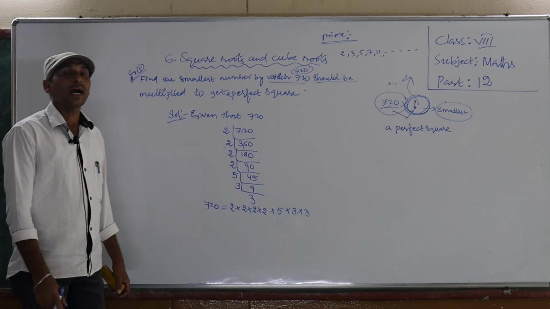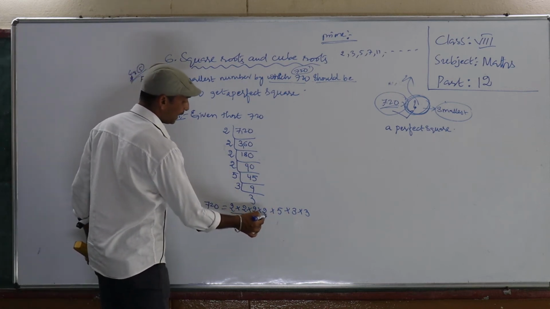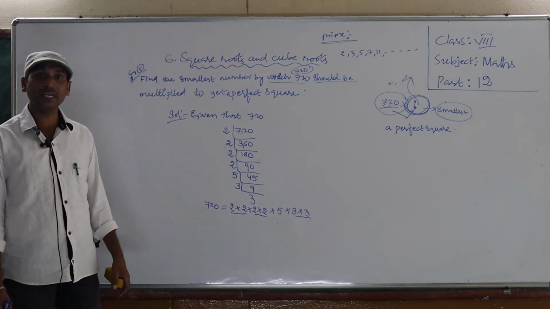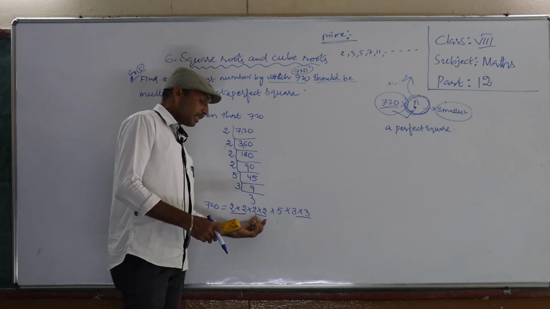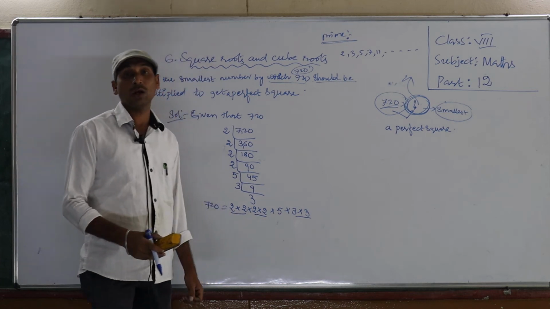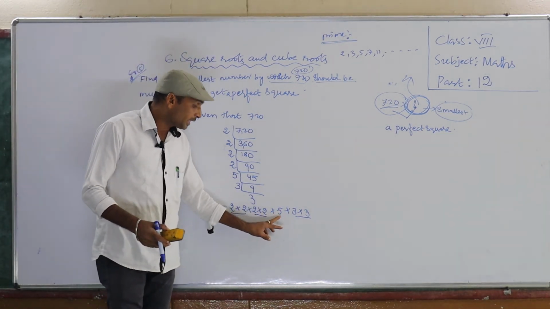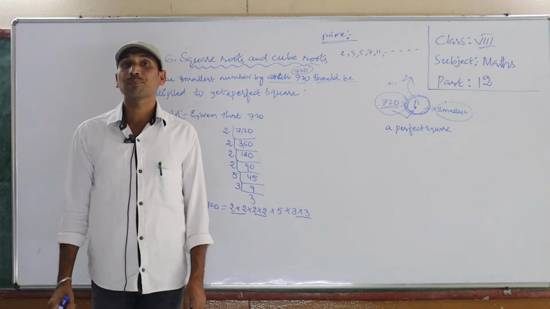See children, after writing this, first we have to make pairs. If you observe carefully, this is one pair, this is one pair, this is one pair, but 5 is alone. So to make this 5 also a pair, what should we do?